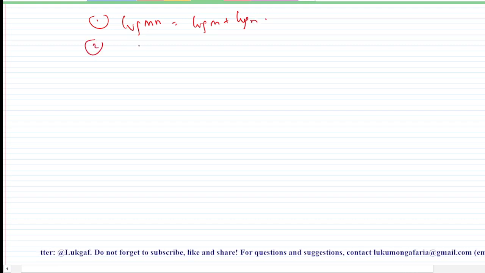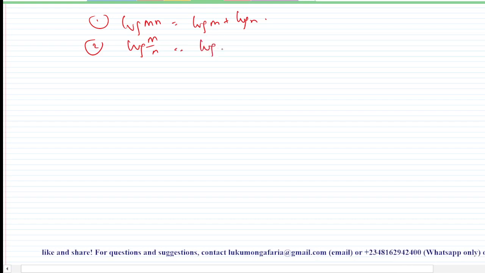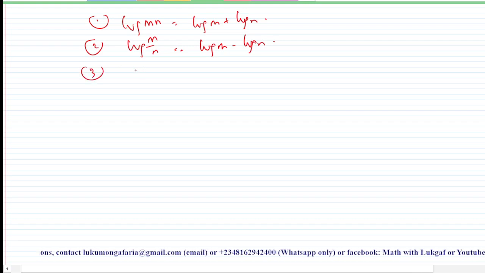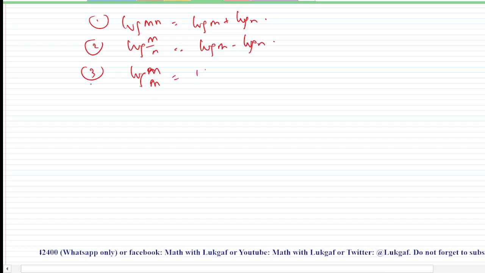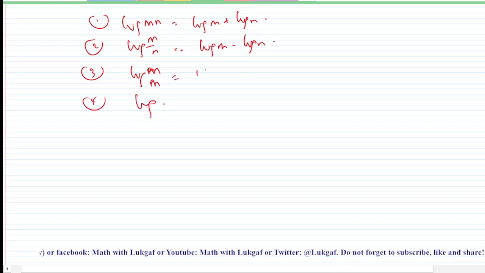Likewise, I explained that when you have log m divided by n, it's the same thing as log m minus log n. Also, don't forget, I said when you have log m base m, it's the same thing as 1. Also, when you have log 1 to any base, you are going to have 0.